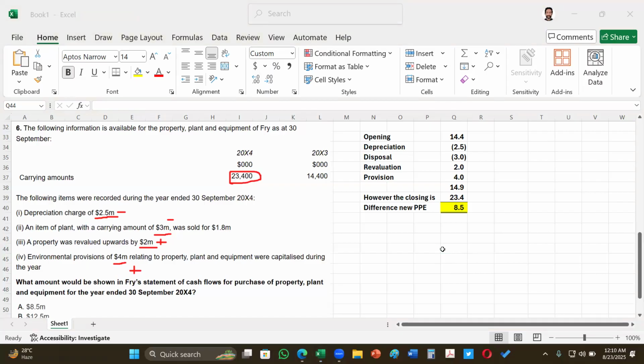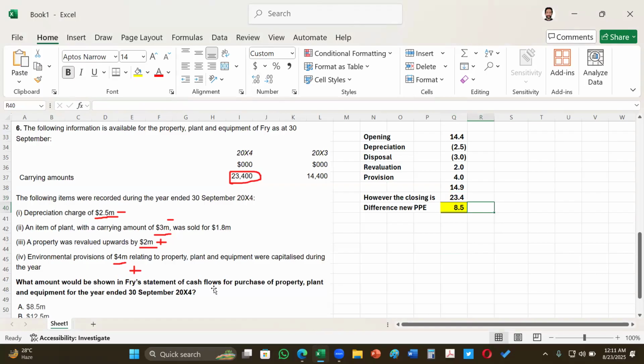Yeah, basically, we are only trying to calculate what is the value of asset that we should have, and then we compare it. What is the value that is at the year end? We found out that according to these adjustments, the assets should have a value of 14.9. But when we look at the closing balance, we see that the closing balance has increased, and we figure out that the closing balance is only increased because there must have been a new property, plant, and equipment.